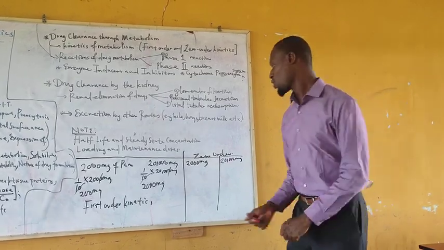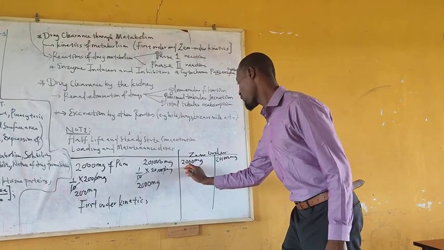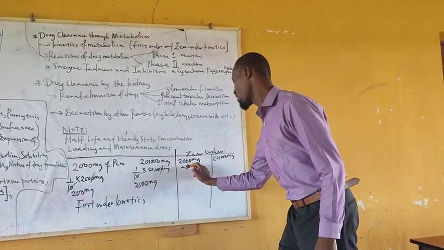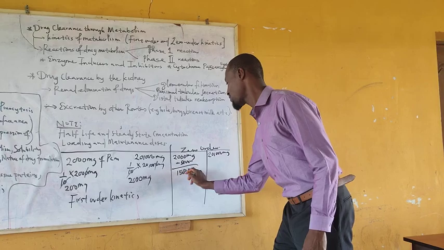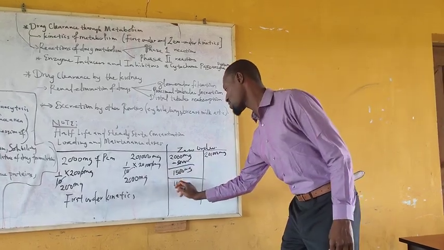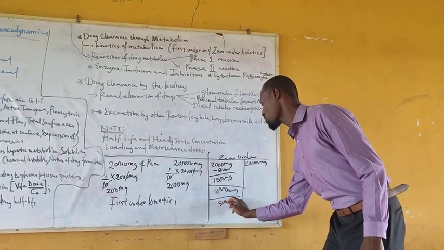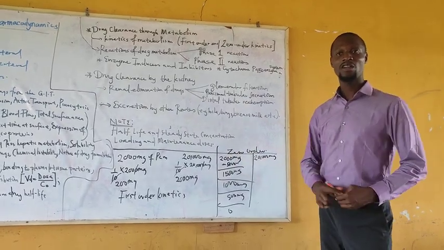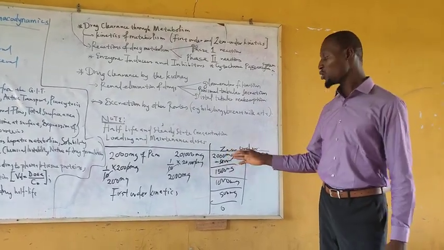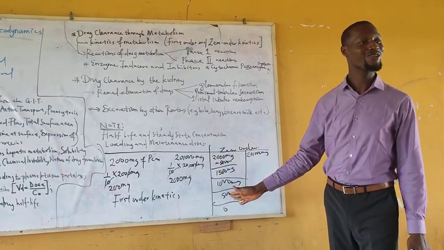So after the first 30 minutes, you take away 500, minus 500 milligrams. You have 1,500 milligrams left. After another 30 minutes, you have 1,000 milligrams. The next one, 500 milligrams. This one is 0. Because of the constant amount, you need maybe 4 cycles to process 2,000 milligrams.